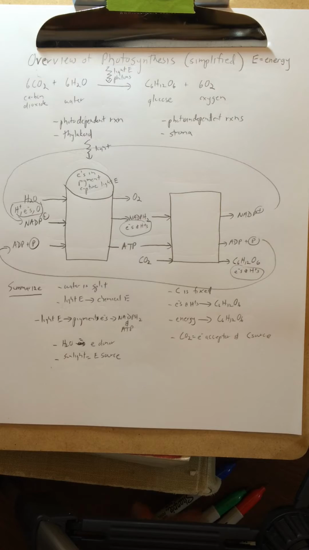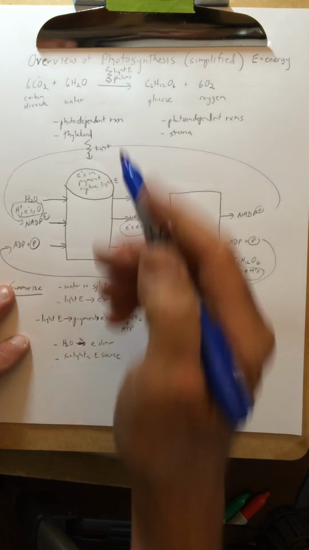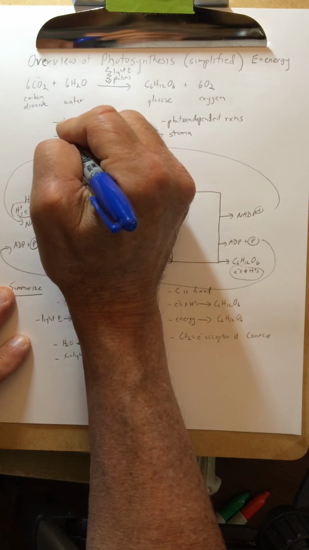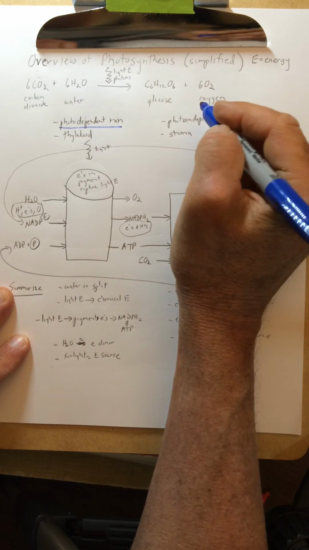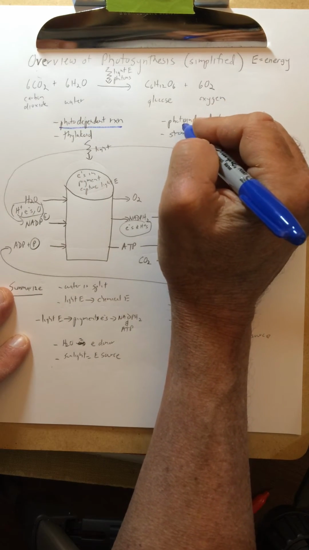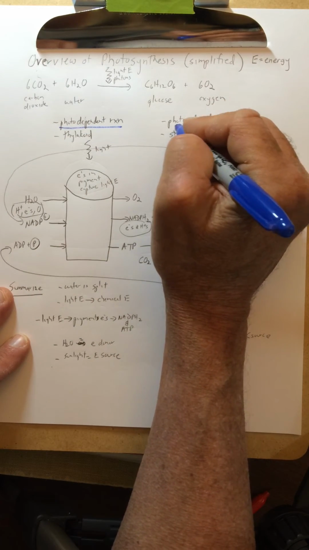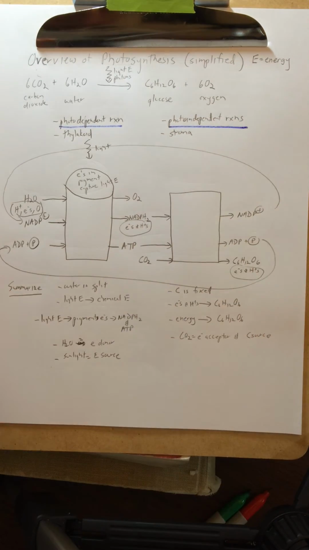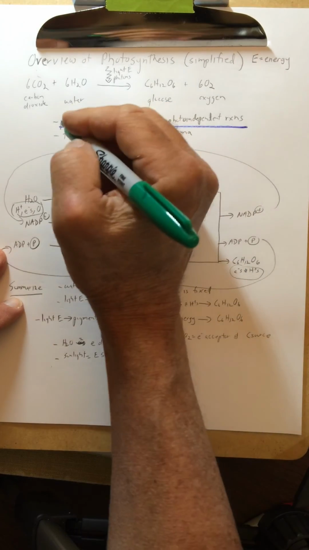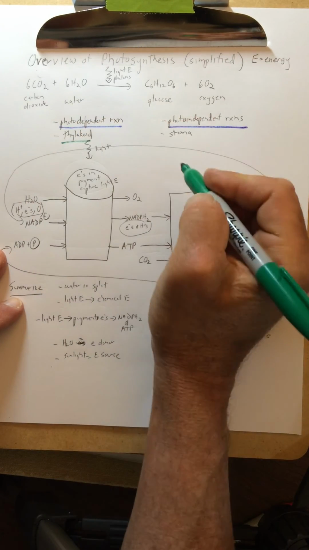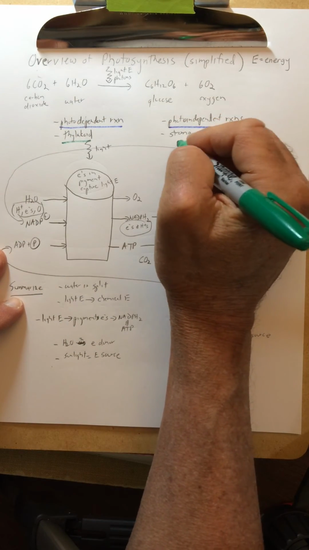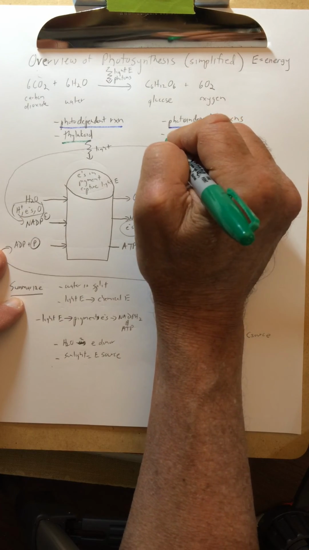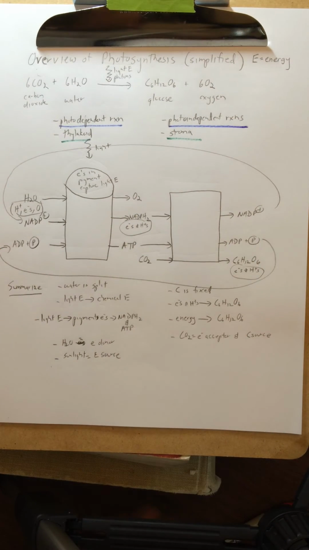Okay, so just to give a brief summary again here, the names of the two steps are the photo-dependent reactions and the photo-independent reactions. The location of this, the photo-dependent reactions occur in the thylakoids, and the photo-independent reactions occur in the stroma.